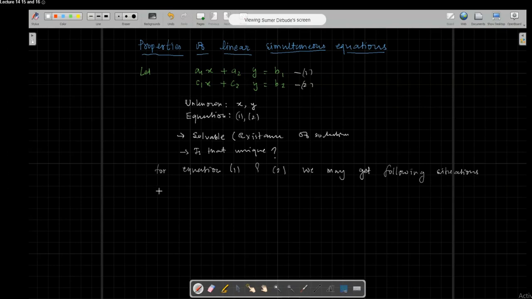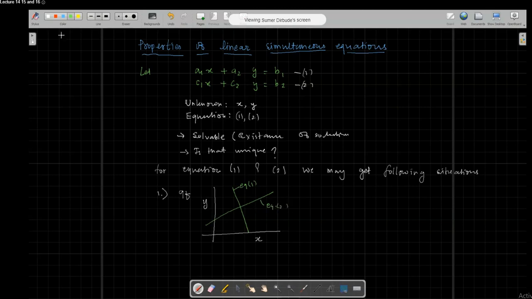Okay. Number one situation. If I plot this graph and observe my x and y, I get two equations of line in this fashion. This is equation 1, suppose, and this is equation 2.